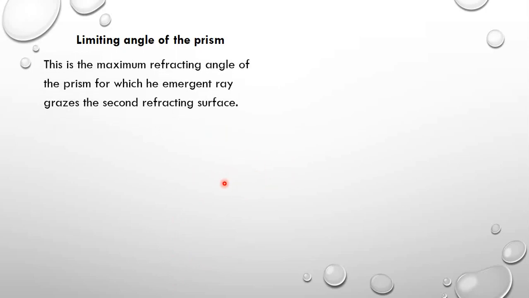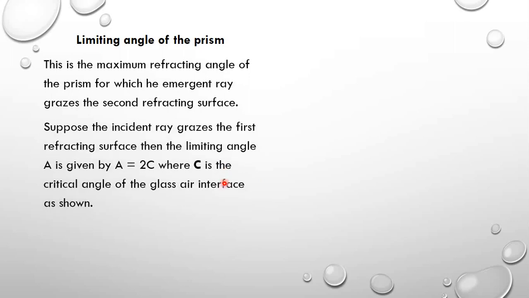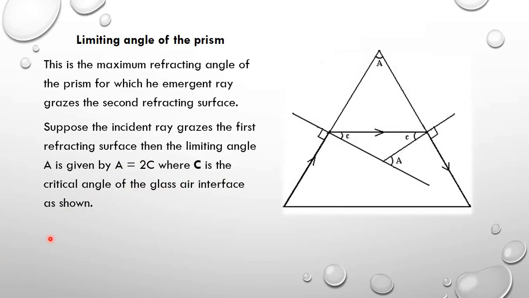And so we shall suppose that the incident ray grazes the first refracting surface, then the limiting angle A is going to be given by A is equal to 2C, where C is the critical angle of the glass-air interface as shown in this illustration. So if we let this also be grazing the first face, then this is 90, so this is C, and if it is grazing this side, this is 90 and this is C, the critical angle, and therefore C plus C is equal to A, and therefore A is going to be 2C.